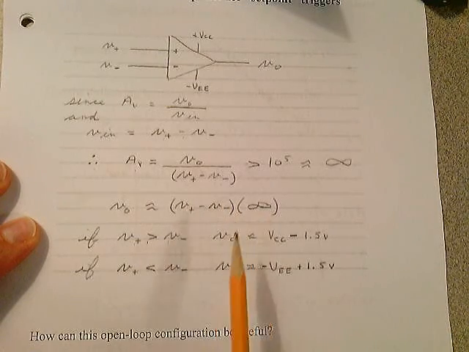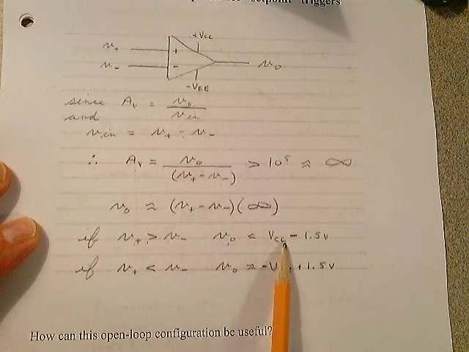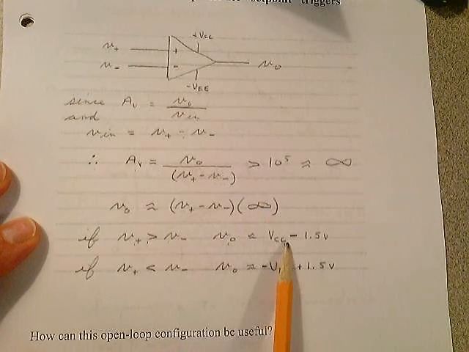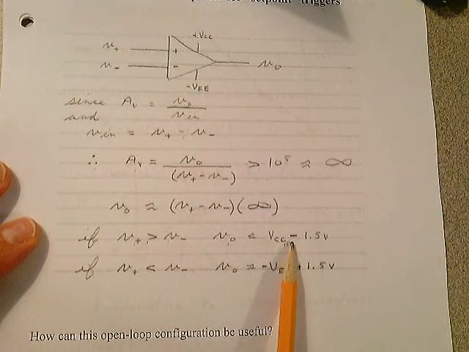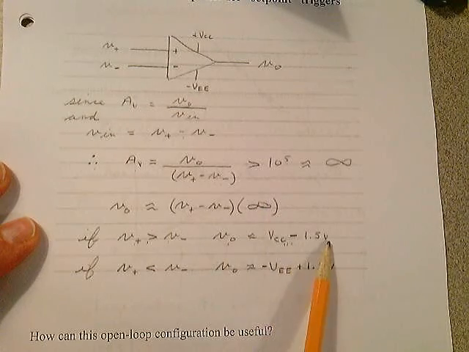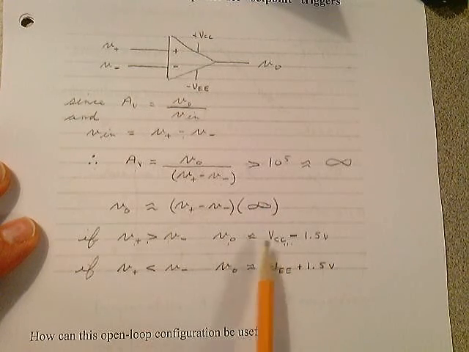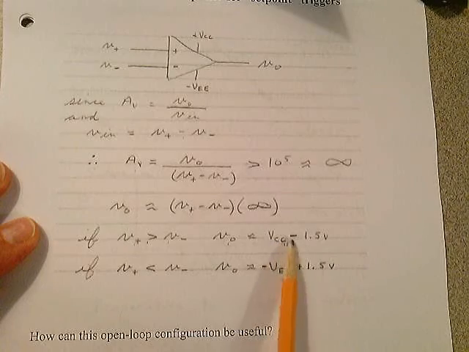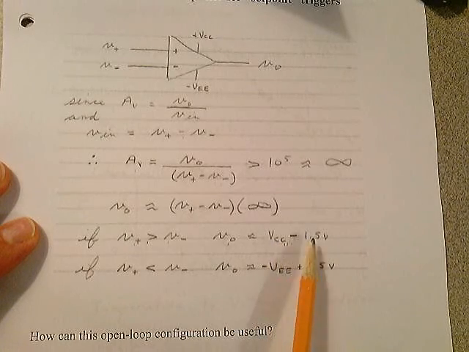And if you take that times infinity, the output's going to slam to the positive rail. It's not going to get there. Your specs tell you it's going to get within 1.5 volts of it, so the output will go approximately to VCC minus 1.5 volts with our amplifier.